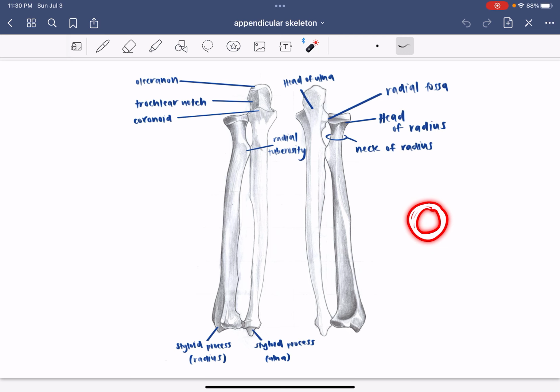So, like a radius, like a circle, because there is a radius in a circle. Of course, the neck follows the head, and here's the radial tuberosity, where the biceps brachii will insert and flex your arm when contracted. The ulna and the radius have a styloid process that articulate with your wrist bones.